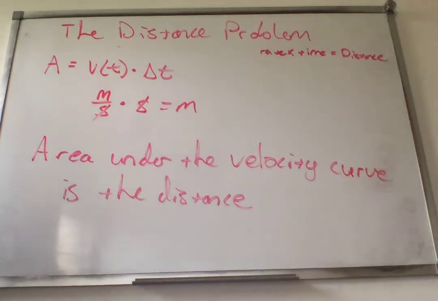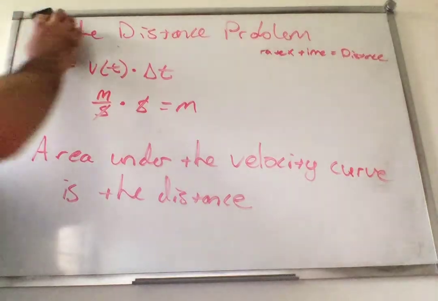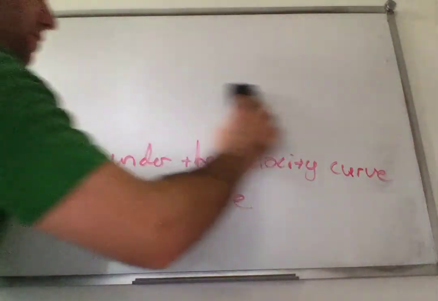Okay, so let's go ahead and look at this example. It's on page 376. It says the speed of a runner increases steadily during the first 3 seconds of her race. Okay, so we know her velocity is increasing. That's all we know. It says her speed at half-second intervals.